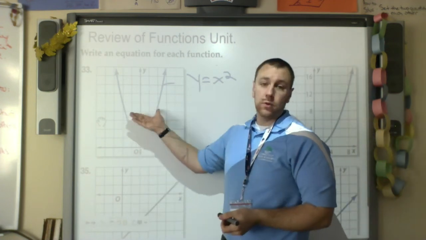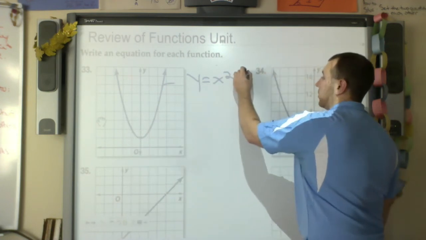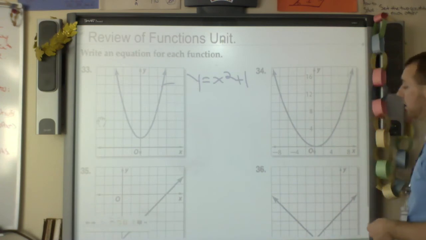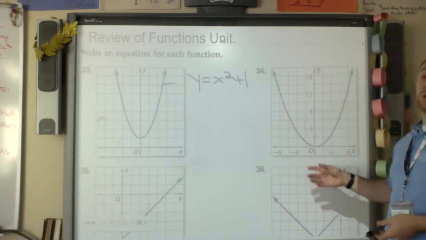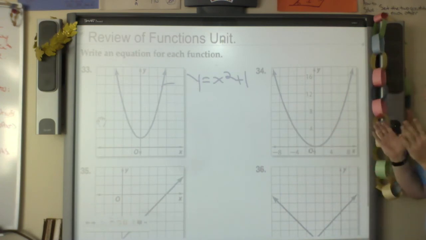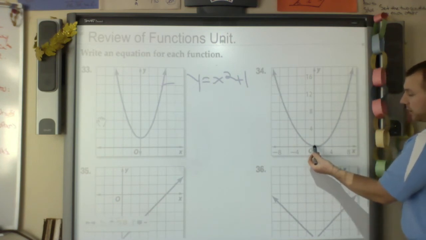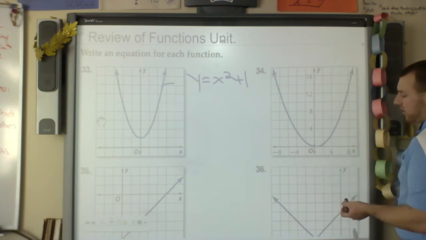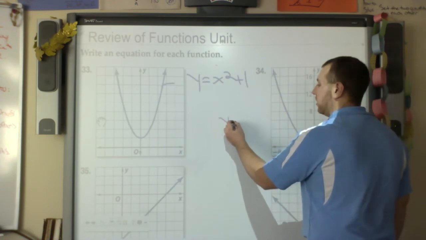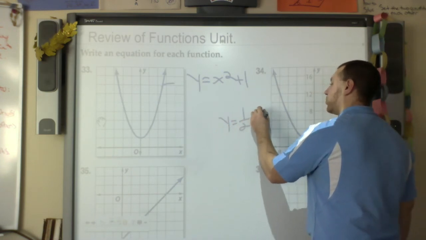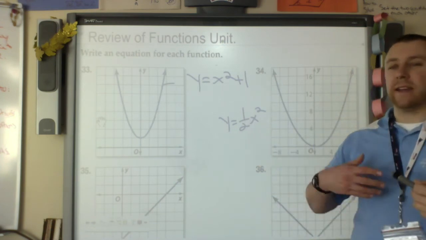Well, and then it just moved up 1. So this is really x squared plus 1. Well, here, again, it's still quadratic, but now it's wider by a whole lot. So, really, you can kind of estimate, okay, that's really like 1/2 x squared.